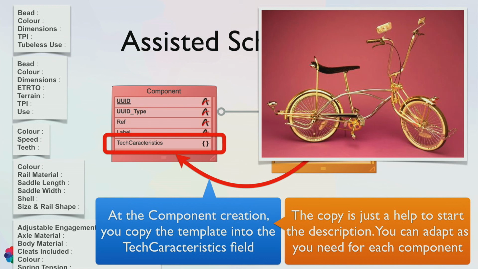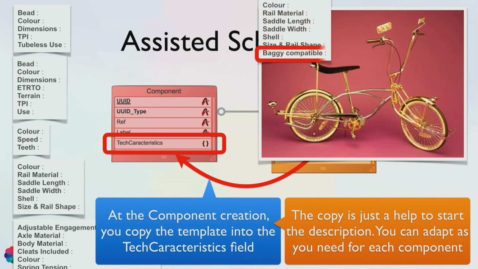And for this bicycle, you want to change the saddle, so you need a new component for the saddle. And for this saddle, you need a new attribute, body compatible or not. Okay? So that's the idea.